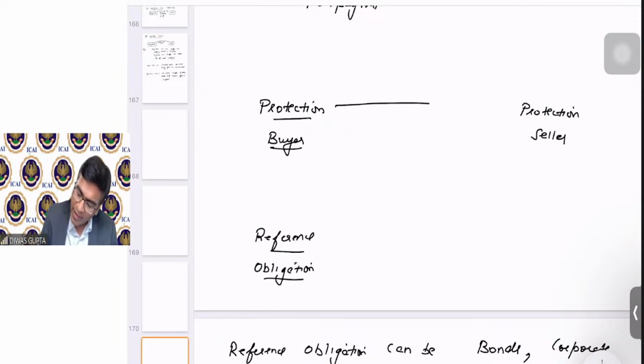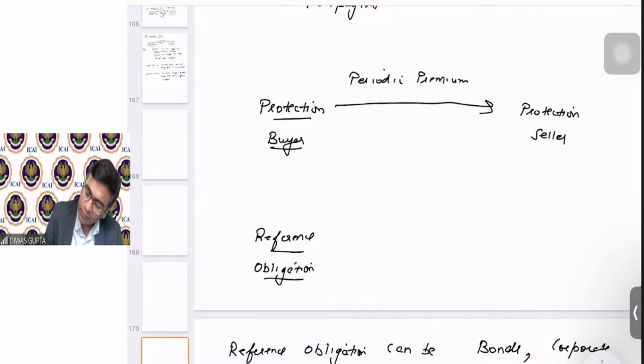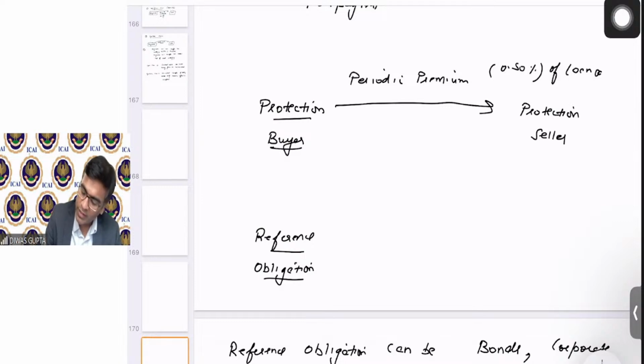So protection buyer will approach the protection seller and say, hey, I will pay you a periodic premium. And this periodic premium is, let's say, 0.5% of the loan value that this protection buyer has undertaken, correct?